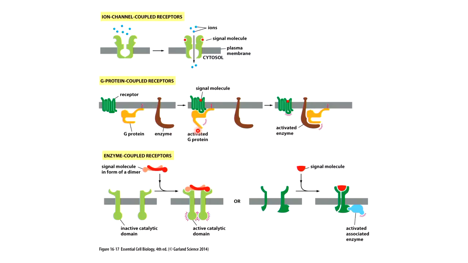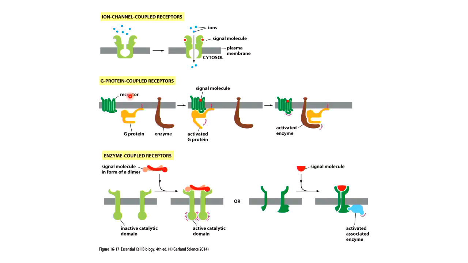And so cells can receive signals in a couple of different ways. The first is an ion channel coupled receptor, where signal molecules bind to a receptor, and that opens up a channel for ions to flow through, similar to what Joe was talking about earlier.